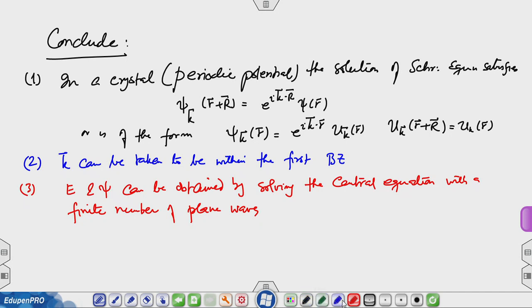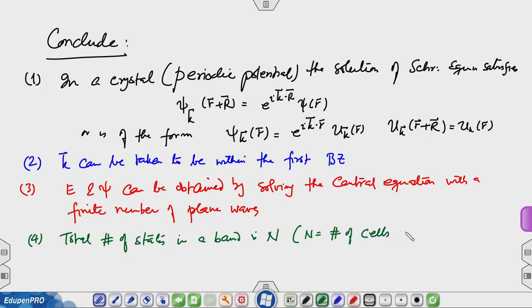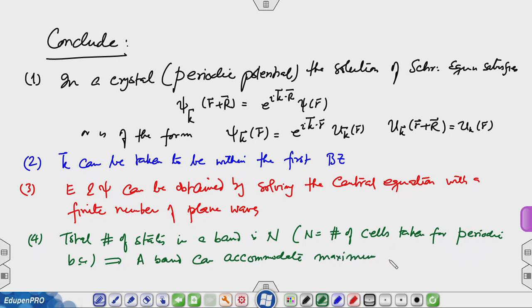Number 4, the total number of states in a band is N, where N is the number of cells taken for periodic boundary condition, and therefore a band can accommodate a maximum of 2N electrons. Thank you.